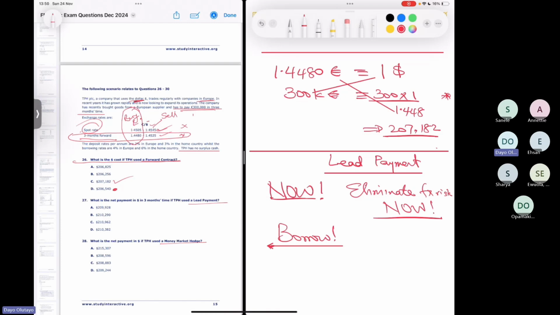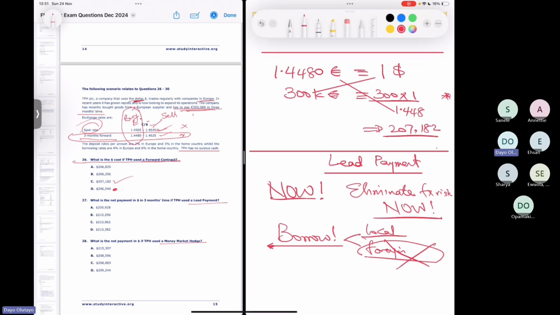But the question is, is he going to borrow local currency or foreign currency? He has a foreign liability, which is 300,000 euro. If he goes to borrow another foreign currency, then he's keeping two foreign currency loans. Then he has not eliminated anything. So he cannot borrow foreign currency. He has to borrow local currency to take care of that.